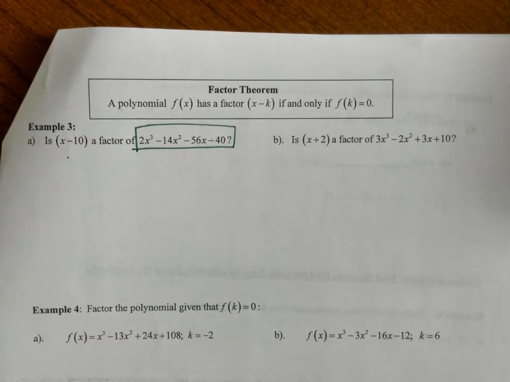Can both of you think of when will x minus 10 be a factor of 2x, and under what condition? What do I need to test for? If it is a factor, what will happen? Remainder. Perfect, great answer. It won't have a remainder.